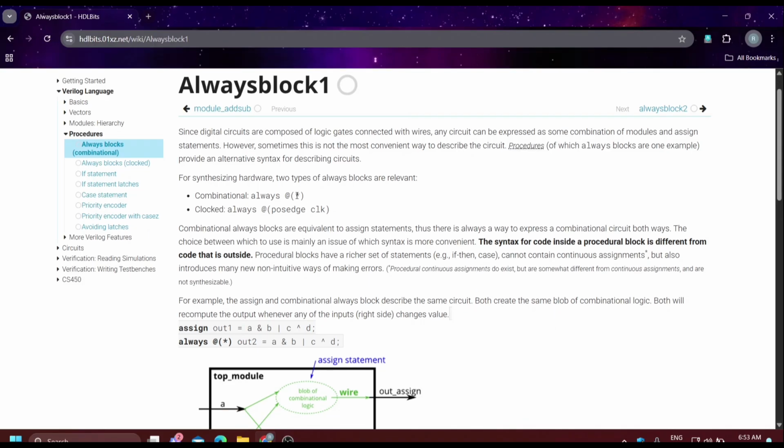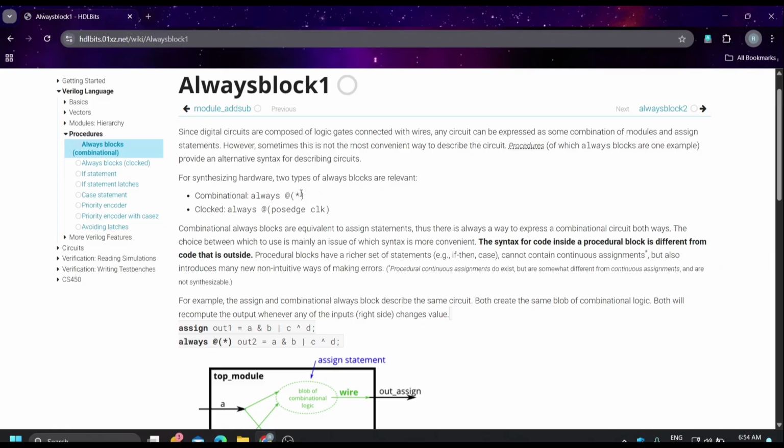So here, the always block we can use in two types. In the combinational way, always at the rate asterisk sign. And in the sequential way, always at the rate posedge clock. So what is the meaning of this asterisk sign?